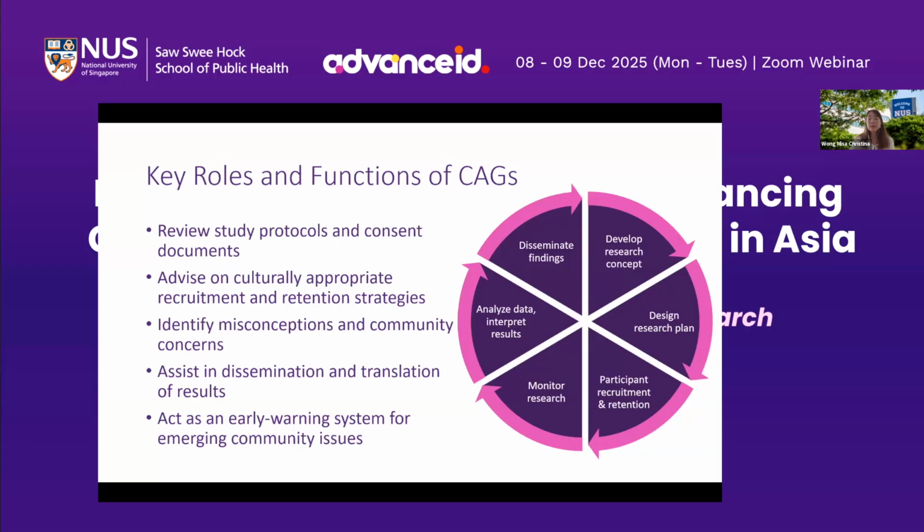So for example, CAGs can review study documents, such as informed consent forms for clarity and sensitivity, providing input on recruitment strategies, and also helping with the communication of trial results. They're also very useful for flagging emerging issues in the community, misinformation that they're hearing within the community, or rumors that could affect the trial.